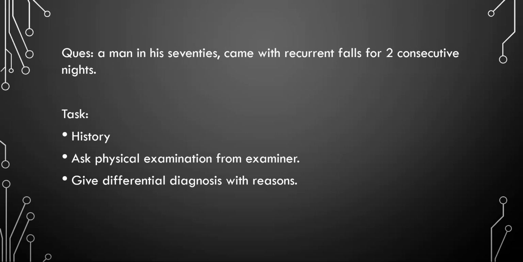Remember the first thing that you say, like when you asked, can you describe what's happening for the last 2 nights? I'm saying that whenever I get up in the night time, I'm having a lot of pain at the moment. So if something happens for 2 nights, it should be something very acute. You could ask, is this the first time you are having this kind of fall, or did you have it before also?